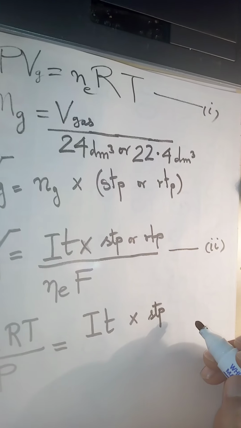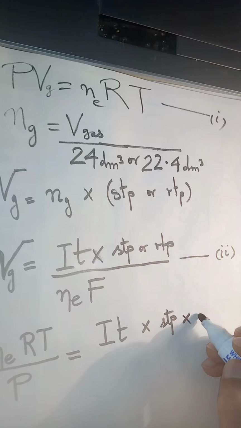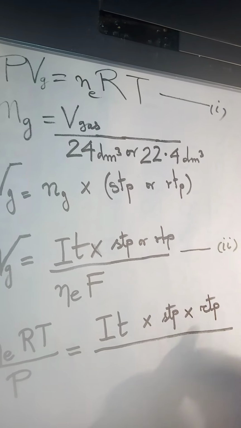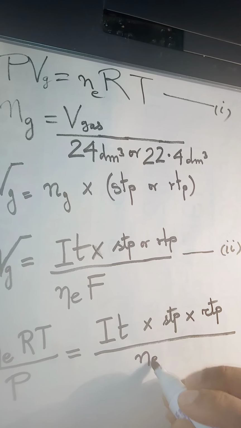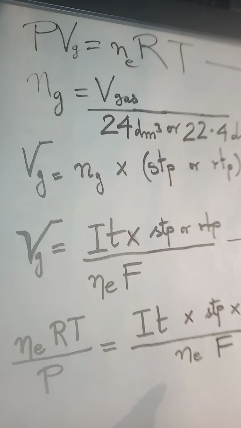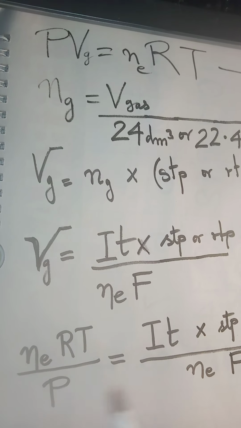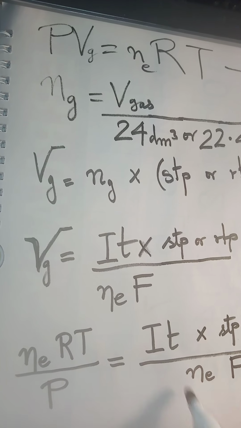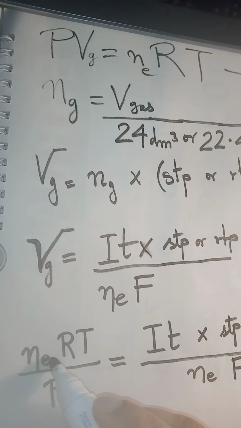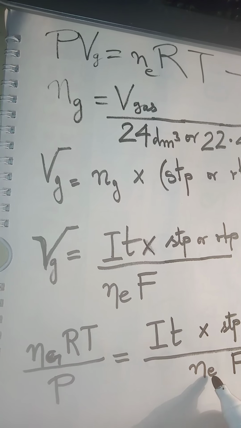STP, as you know, is 22.4 dm cubed per mole, and room temperature is 24 dm cubed. And so you'll have to do this. Now you then use the pressure and so on. Now this is the moles of electrons of gas, and this will be the number of moles of electrons.